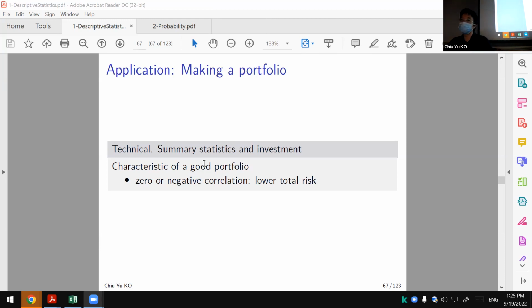At the time there was no euro, but people bought those kinds of things, trying to diversify the portfolio. Because exchange risk is related to the economy of not the local but the foreign economy, it's likely to be zero or negatively related. So that will lower your total portfolio risk.